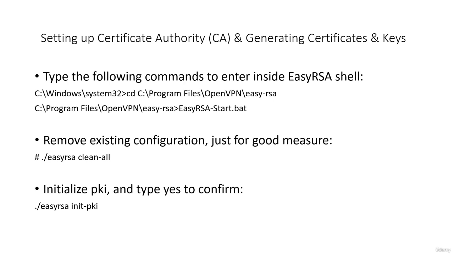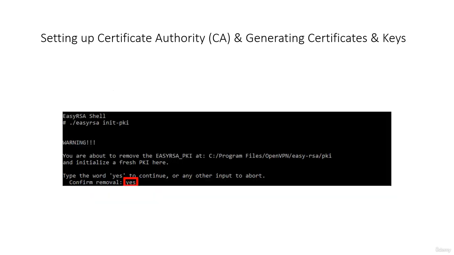After that we need to remove the existing configuration, just for good measure. Type this inside your command prompt on Windows, and then we need to initialize the PKI, and the command prompt will ask you to confirm. As you can see, after typing the previous two commands it will look like this, and then type yes.